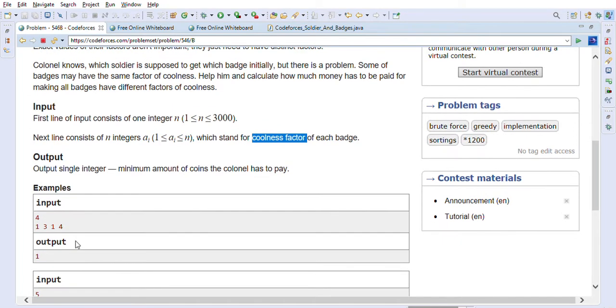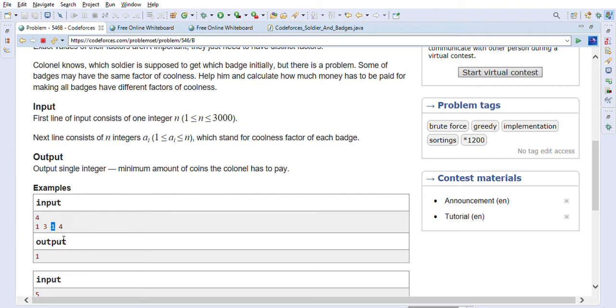So for example, if we look at this first example, there are four badges and there are four soldiers. As you can see, one coolness factor is appearing two times, right? So we have to make it distinct, in such a way that it cannot be repeated.